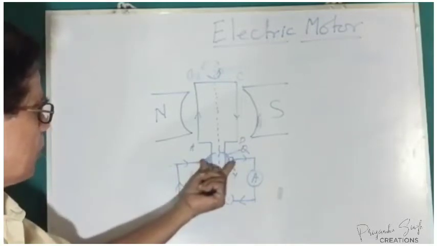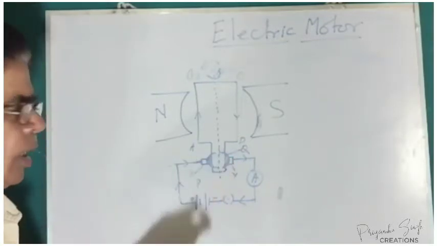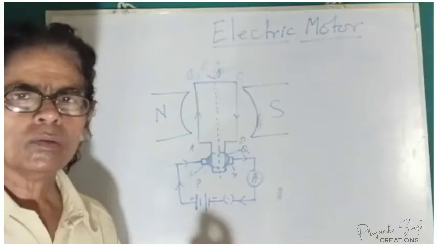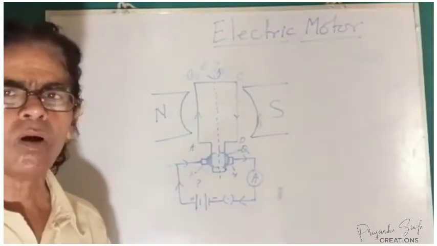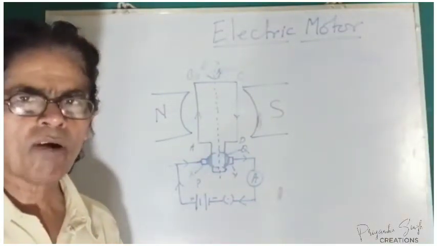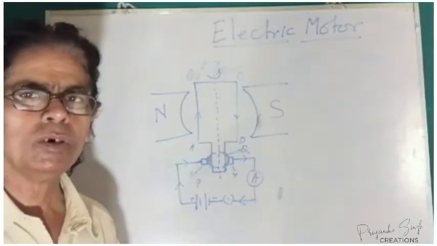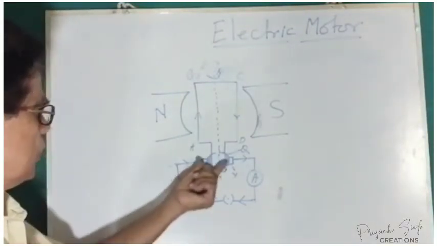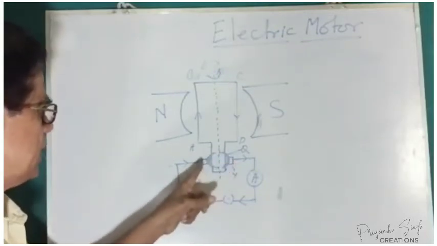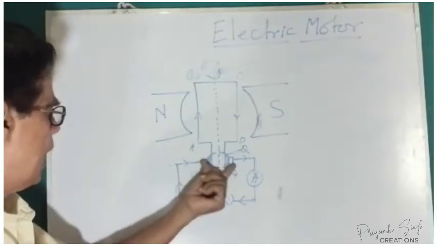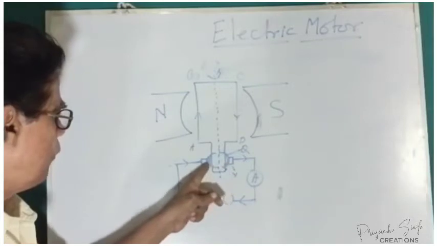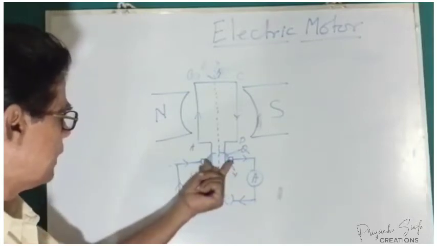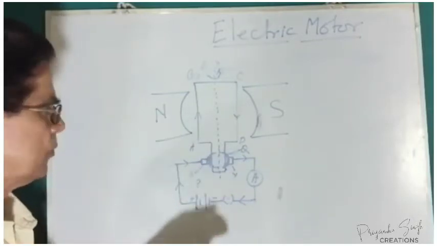Now, there are two carbon brushes. You know, one of the allotropes of carbon is graphite. Graphite is a good conductor of electricity. So, the carbon brush made of graphite is fitted here, which has a direct contact with the split rings.